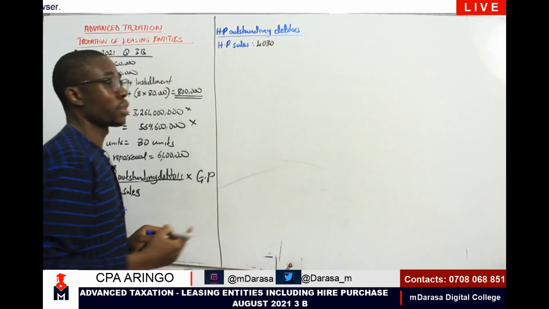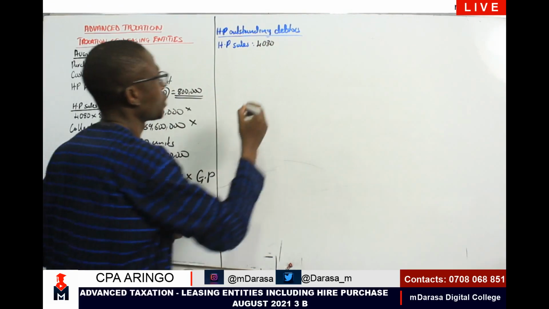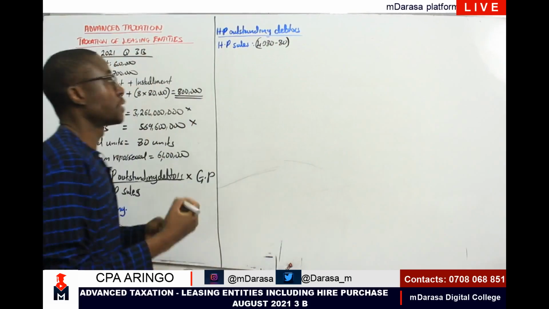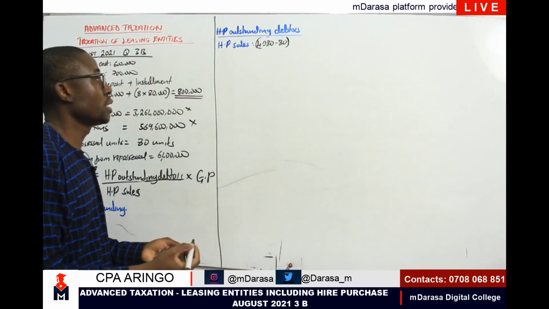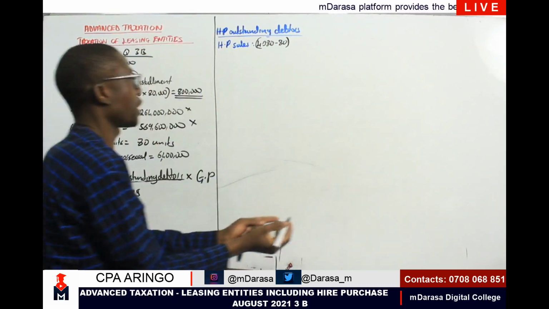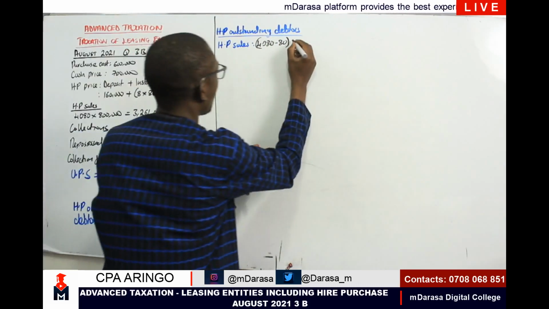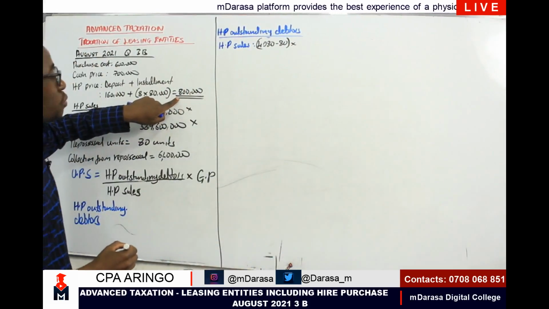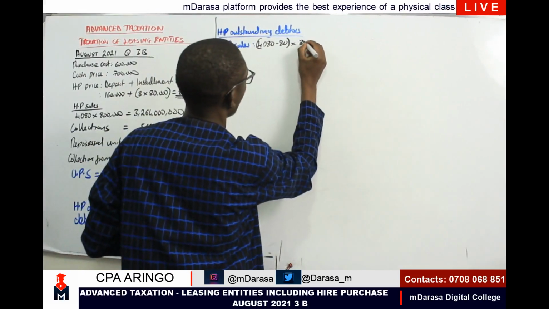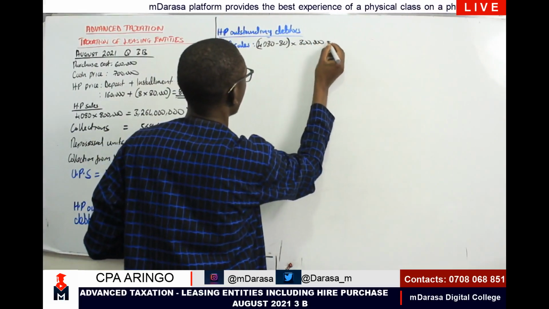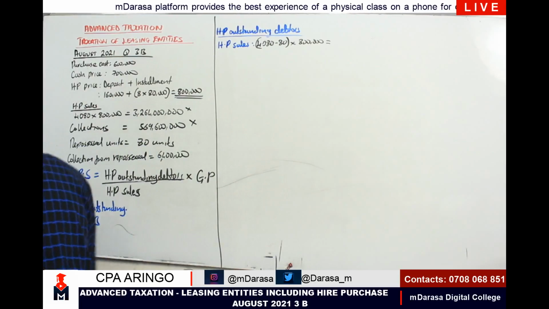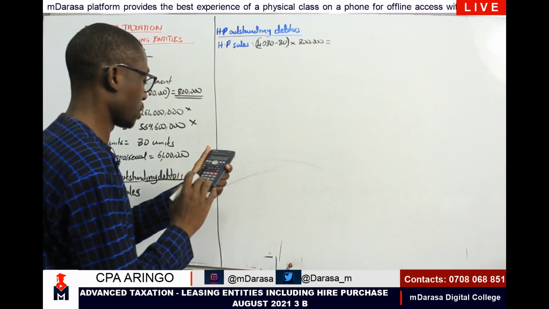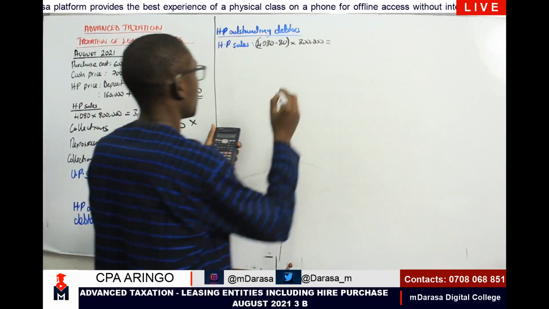But out of 4,080, my good students, we are told that we repossessed 80 units. Correct? After repossessing 80 units, we remained with 4,000 units. And our hire purchase sales was how much? We had already determined it to be 800,000. So 4,000 by 800,000 should give us a figure of 3.2 million.